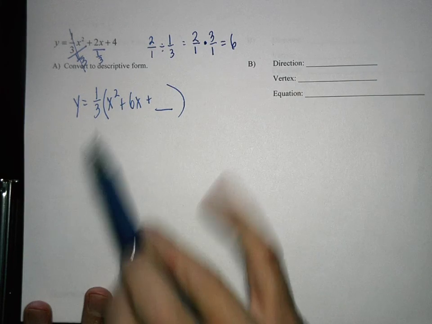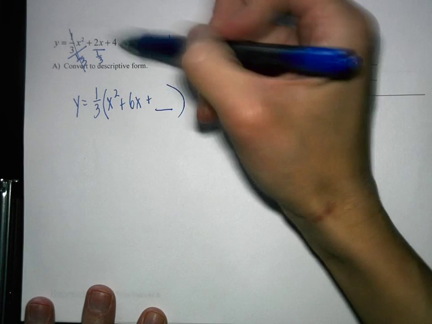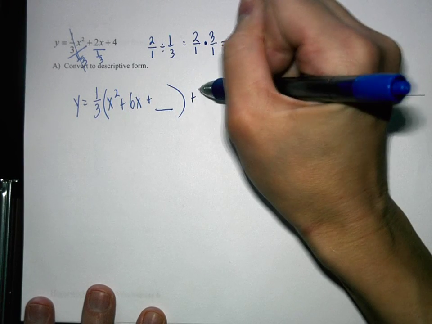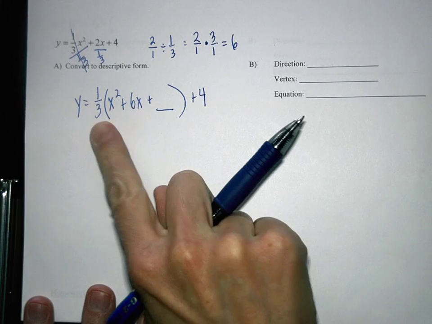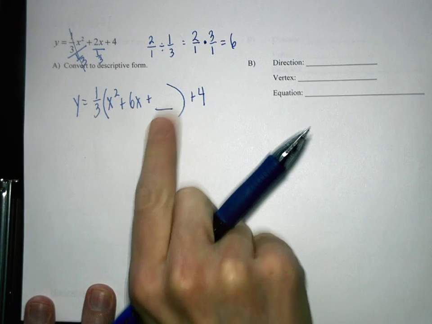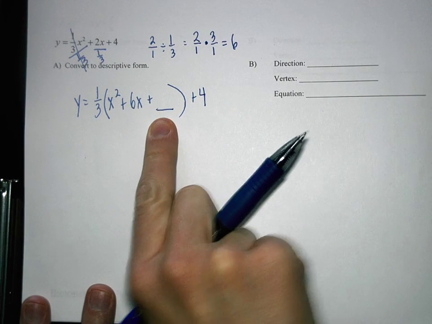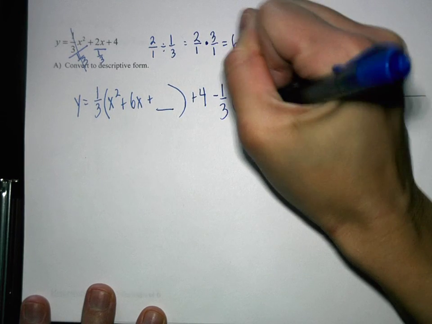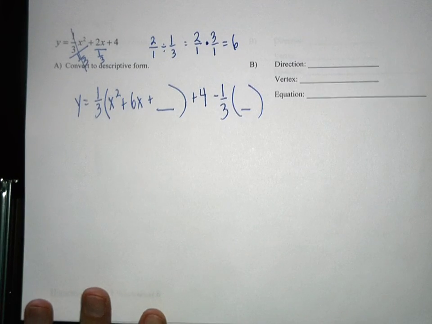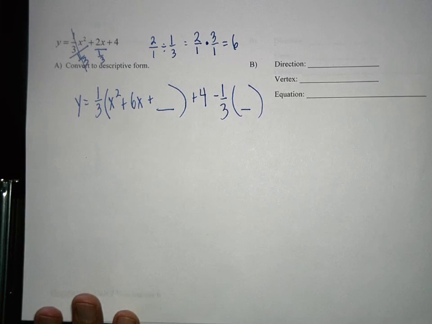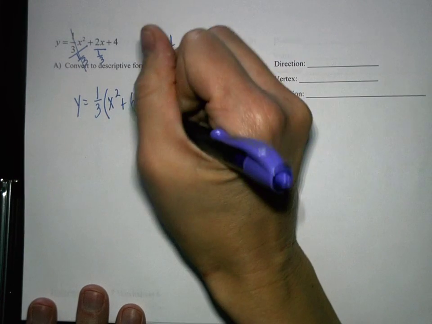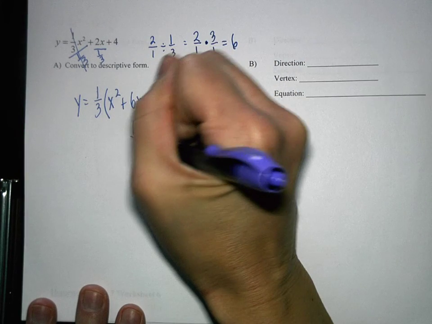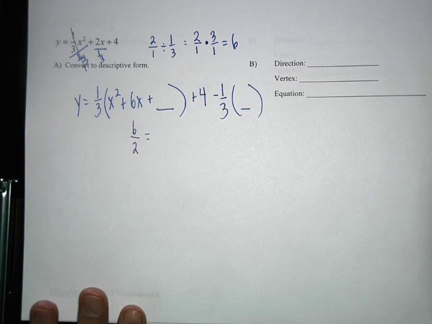Okay, also here at the end, then we put our plus 4, that doesn't have a letter with it. And then if I have 1/3 times my blank, that means I also need a minus 1/3 times the blank. Next, we will take our b value here, our 6, and divide that by 2, and 6 divided by 2 makes 3.